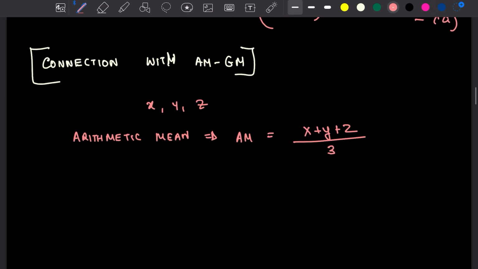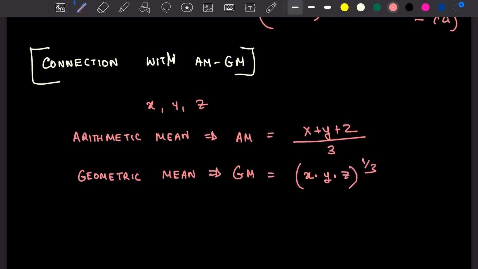And the geometric mean is known as GM. This is the product of the three numbers raised to the power 1/3. So I'm just working with three numbers. We can do it for n numbers, but I'm just focusing on three numbers at the moment.